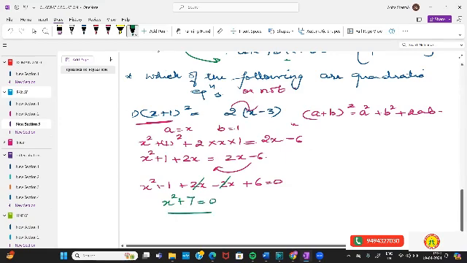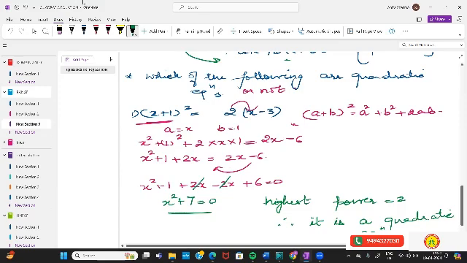Right? So here the highest power is 2. Therefore, it is a quadratic equation. Understood, beta? Tell me. Aryan, Abhinav, Siddharth, Meher, Shan, Siddhishri. All have understood?